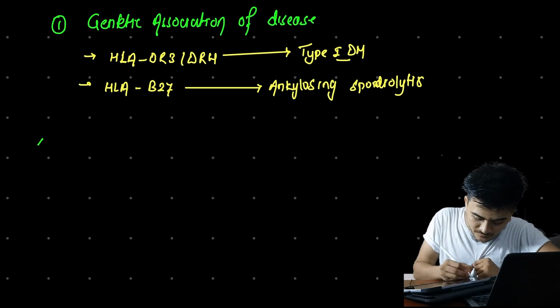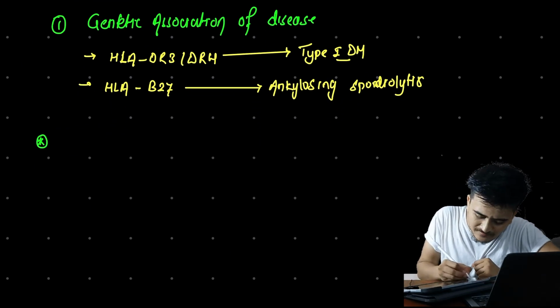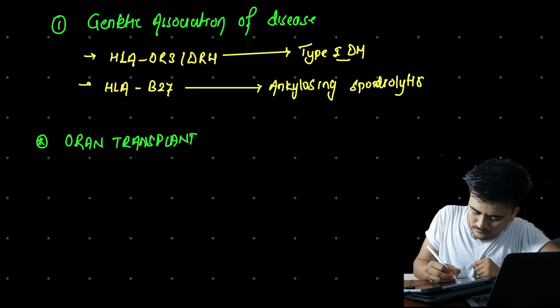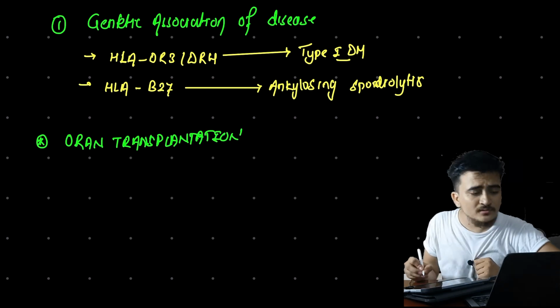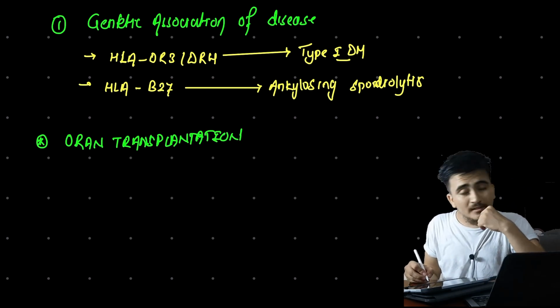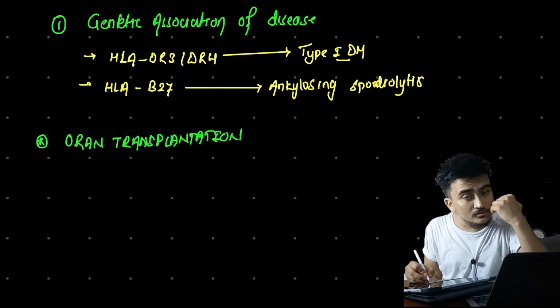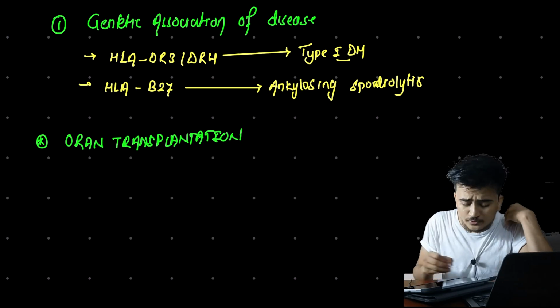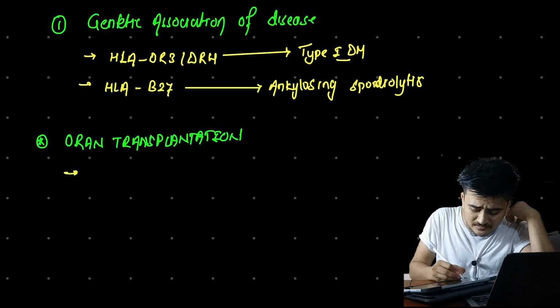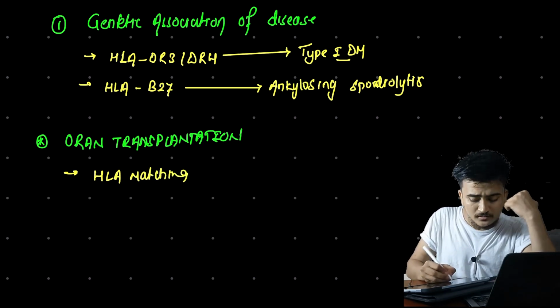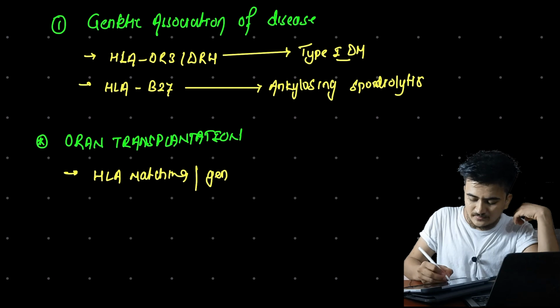Now another important use is that it helps in organ transplantation. Talking about organ transplantation, while transplanting organs, the thing that we should be concerned about is that we need to be sure there is HLA matching, or we can say gene matching.